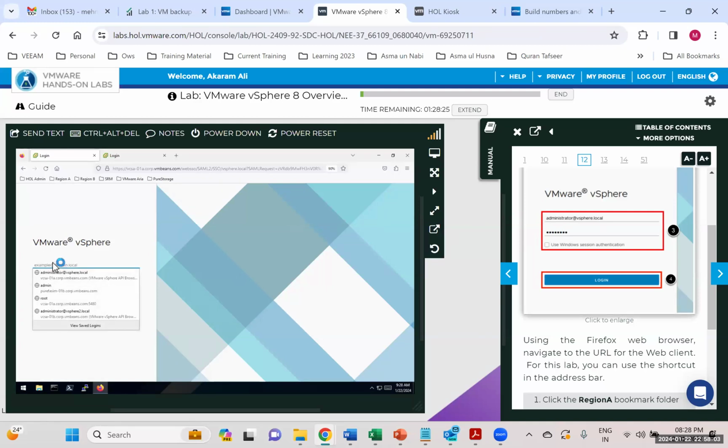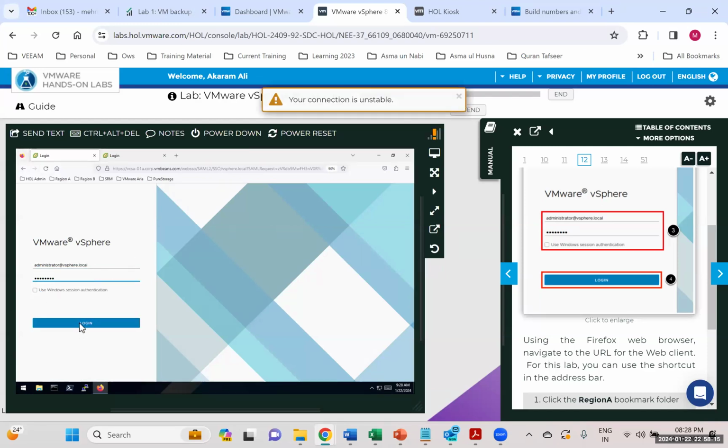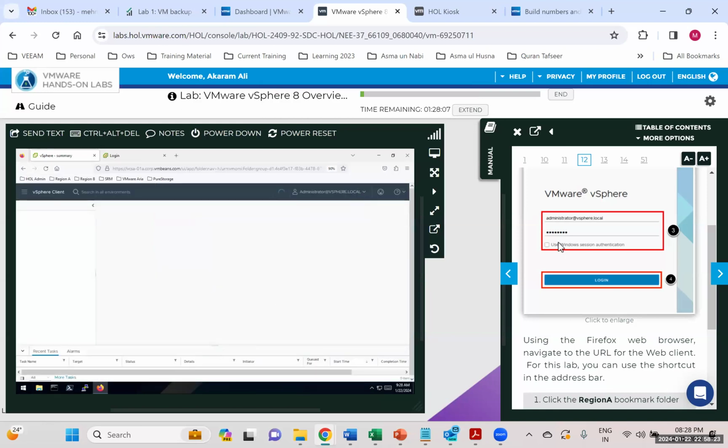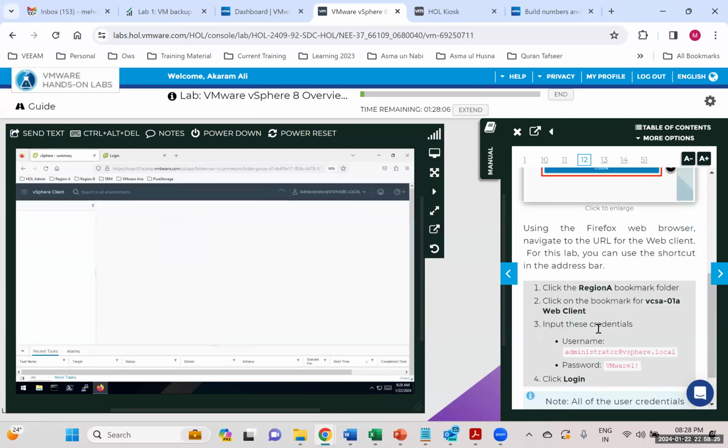You just need to select the administrator account, right? And then click on this. So you just need to follow these on-screen instructions and do the lab.